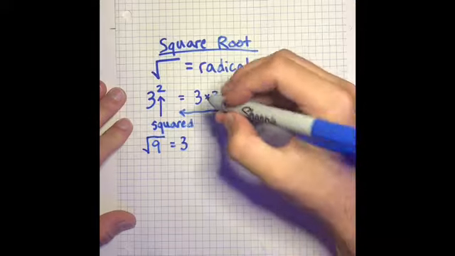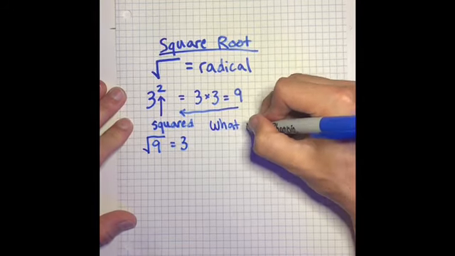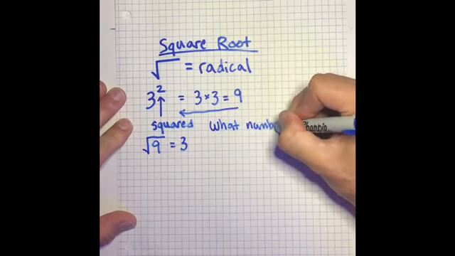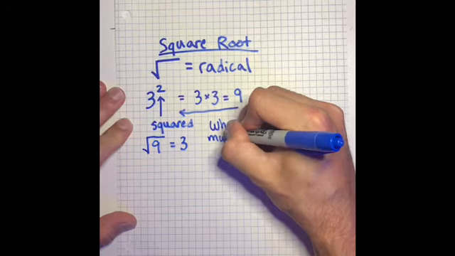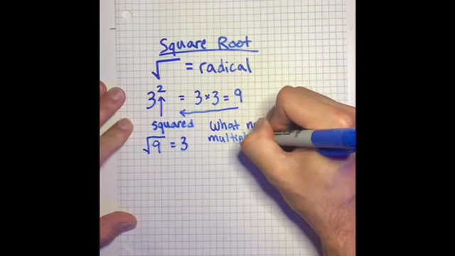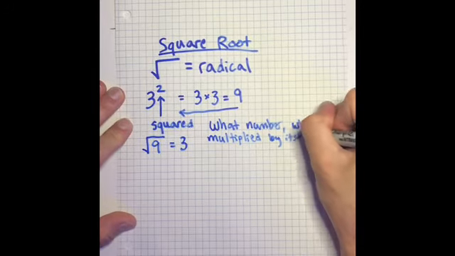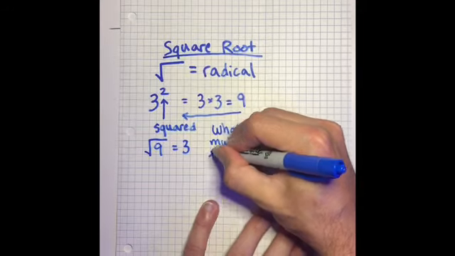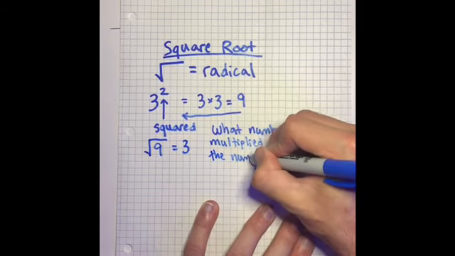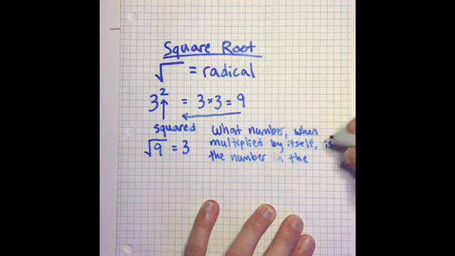So we can think of this as: what number, when multiplied by itself, is the number in the radical.